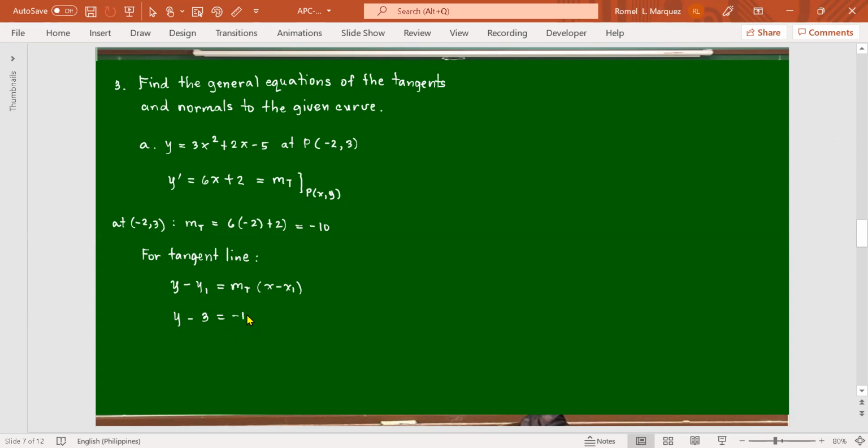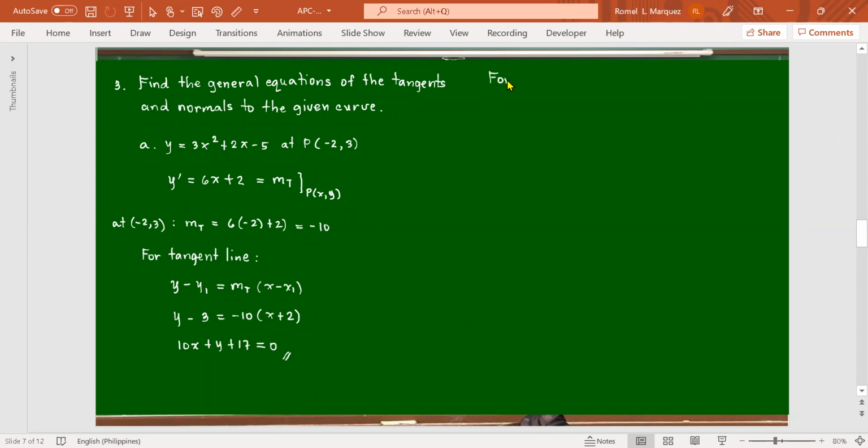Get it, guys? What about my x sub 1? Negative 2, so plus 2. Okay, so 10x plus y, negative 3 plus 20, positive 17, no? Equal to 0. Am I correct, guys?